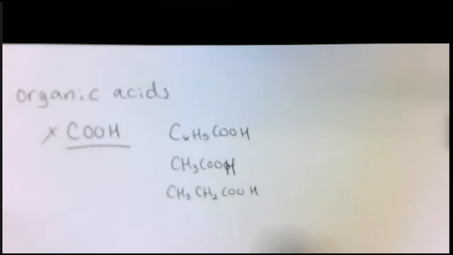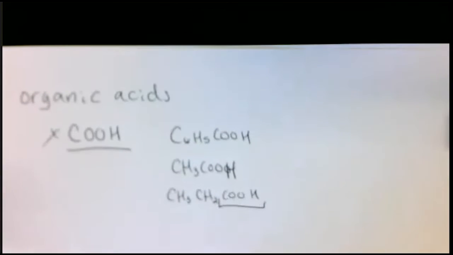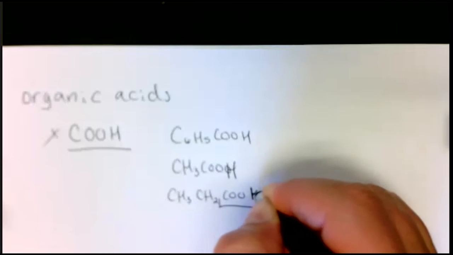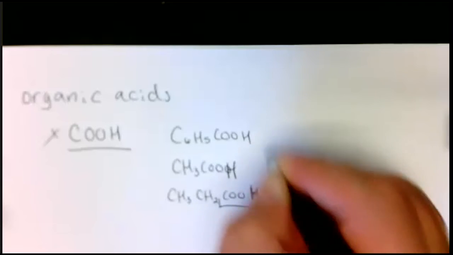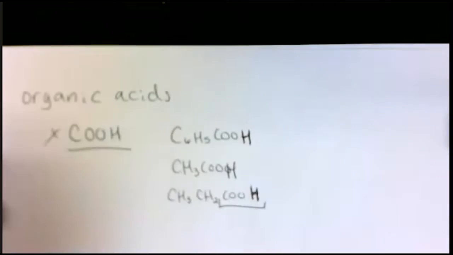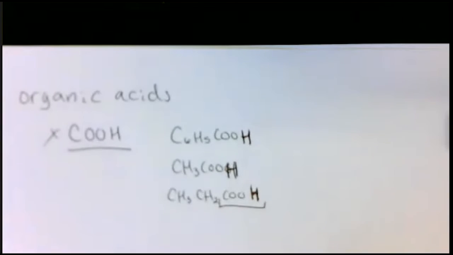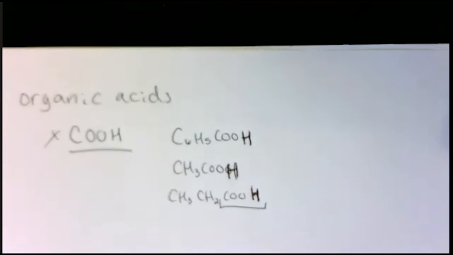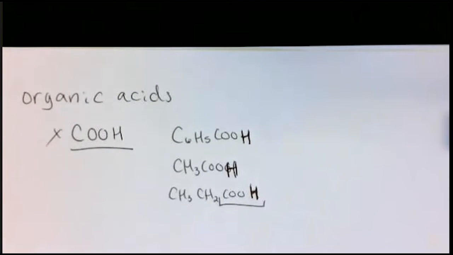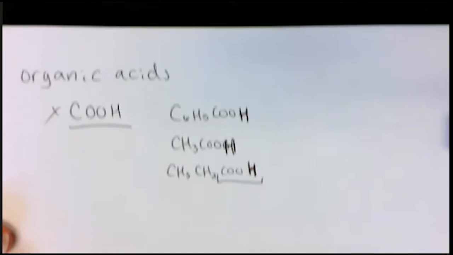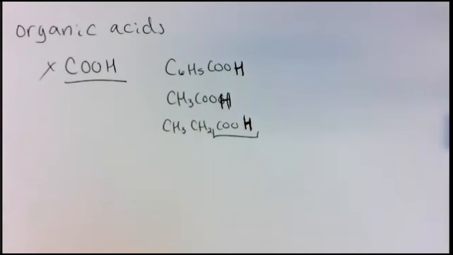So yeah, if you see that COOH, that is an organic acid, and this H next to the oxygen is the one that is acidic. So that'll be the one that'll be removed. But besides that, the rest will be H.